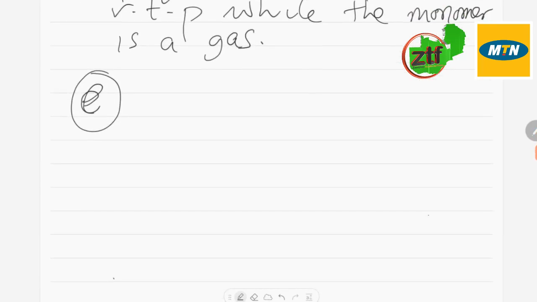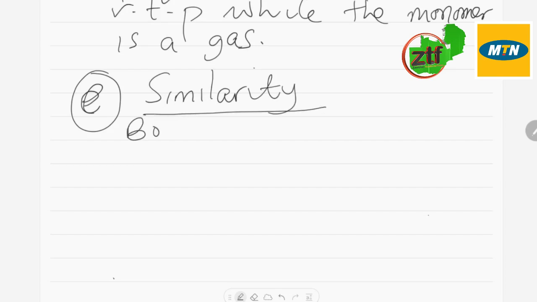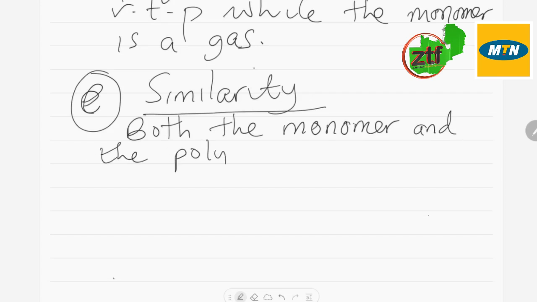Such compounds are classified as hydrocarbons. So we can say one of the similarities is both the monomer and the polymer are hydrocarbons.